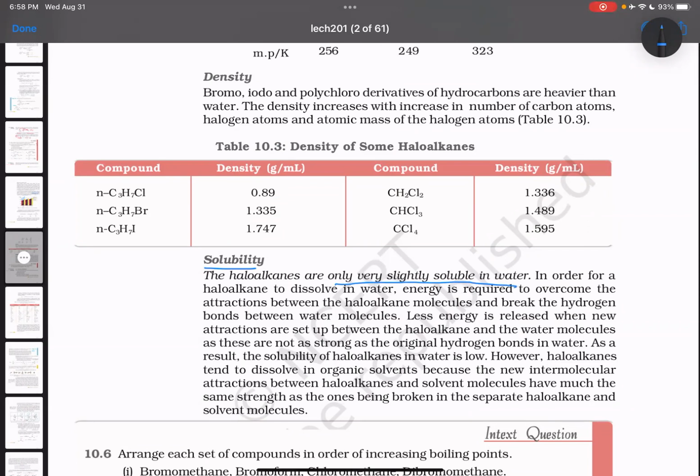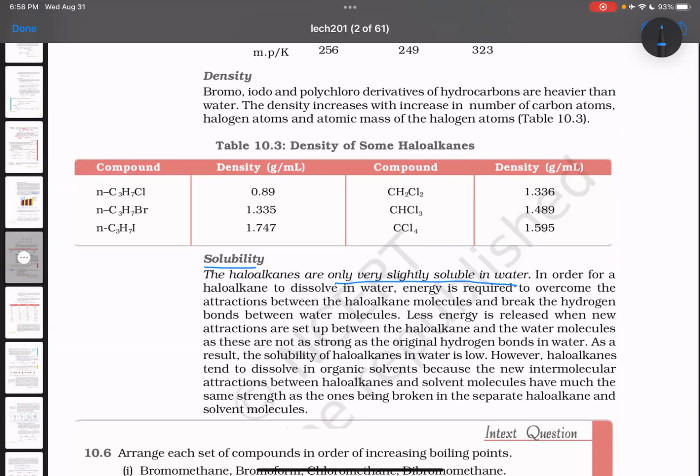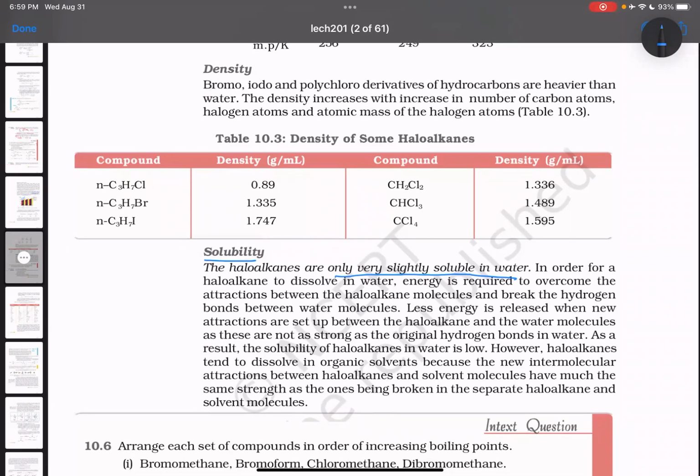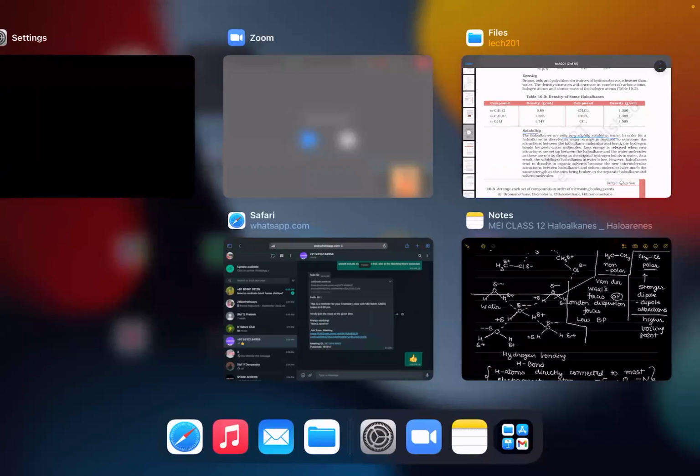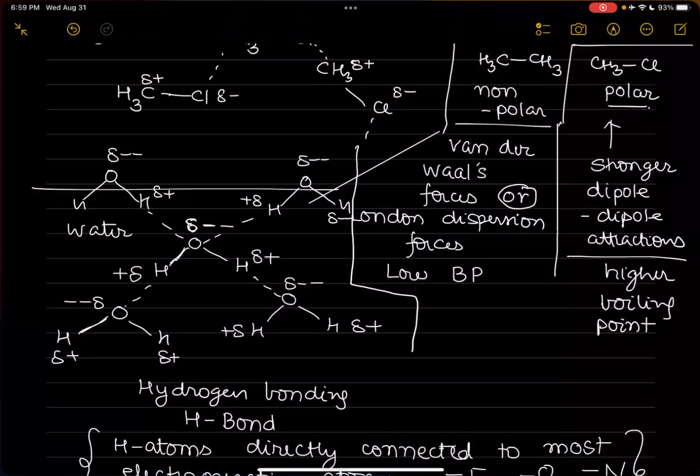What is the reason for the insolubility of alkyl halides in water? When something becomes soluble.